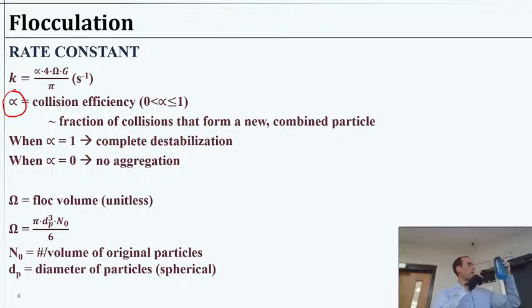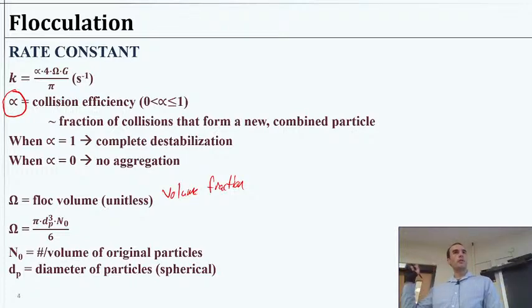We can describe the volume of the particles and then divide that by the total volume of my container, and that's going to be a fraction, a volume fraction. And so this is essentially, even though it says flock volume, we would say this is a volumetric fraction, or the volume fraction. So in order to have this truly actually be unitless, here's one thing to pay attention to.